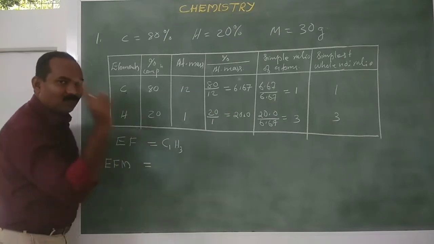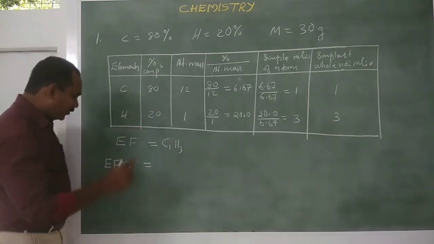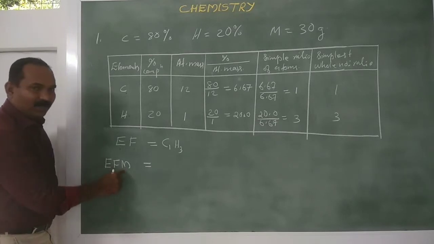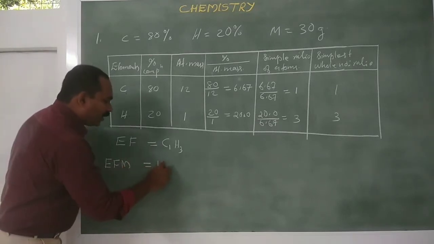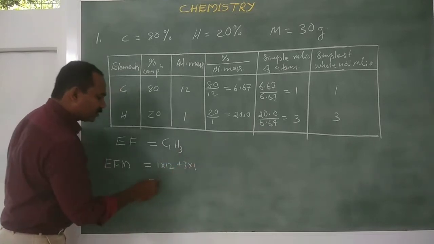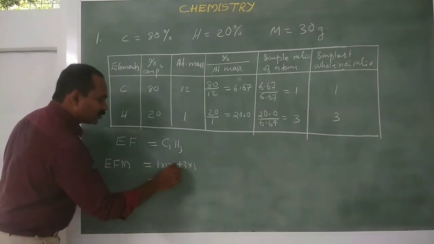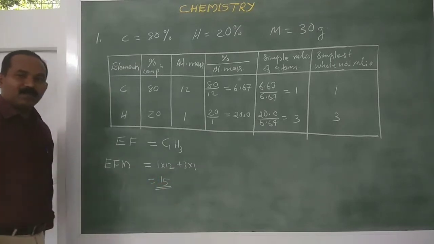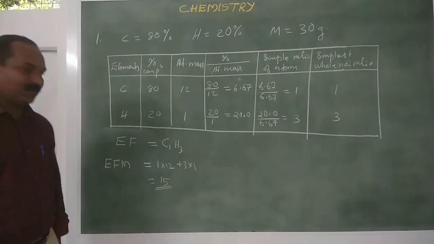So carbon atom 1, hydrogen 3. Then from this we have to calculate empirical formula mass. 1 into 12 plus 3 into 1. How much it is? 12 plus 3, 15. Empirical formula mass is equal to 15.